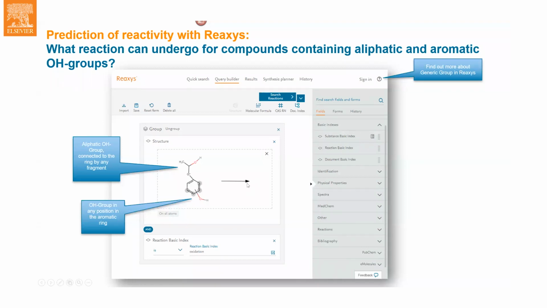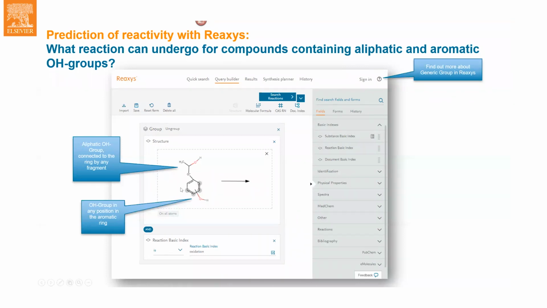It will give you all the reactions of a compound containing aliphatic and aromatic groups. So after getting all the reactions, you can assess what kind of reaction undergoes in which conditions and how to make your own reaction in the best way.